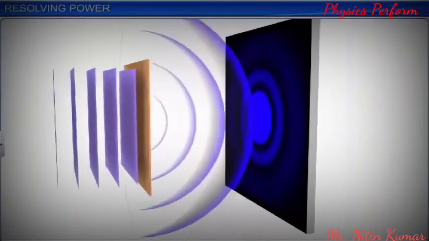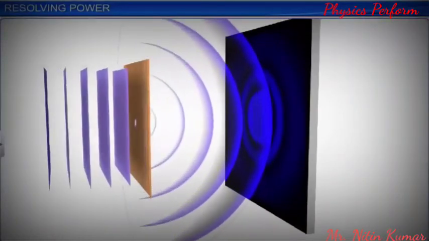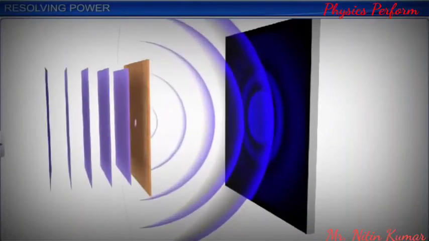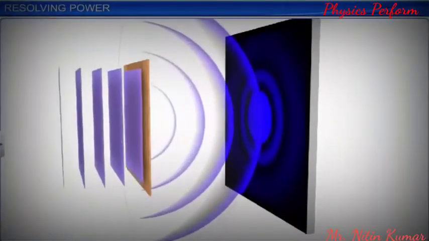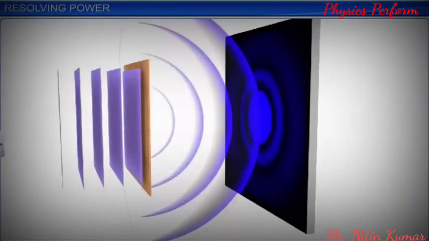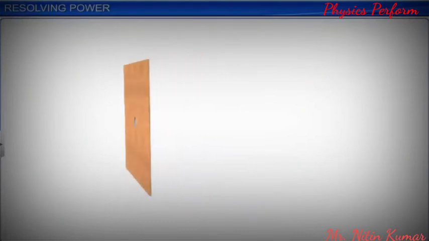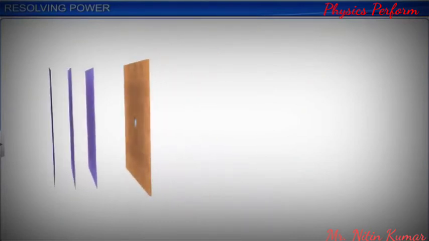To understand this, let us first study diffraction of light by a circular aperture. Consider an opaque board with a small circular aperture. Allow a plane wavefront to be incident on it from one side and place a screen on the other side.